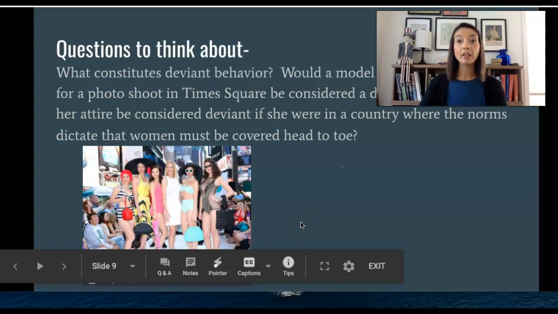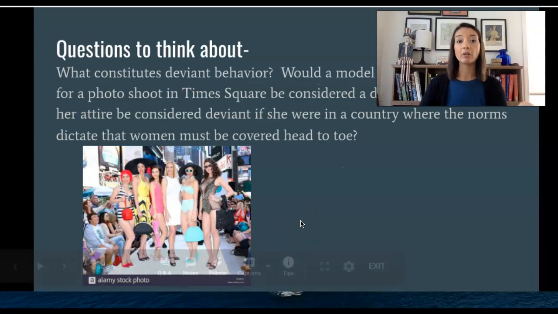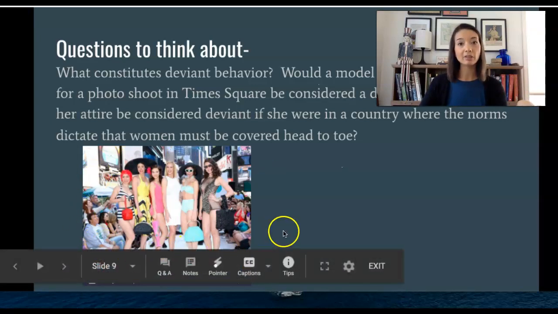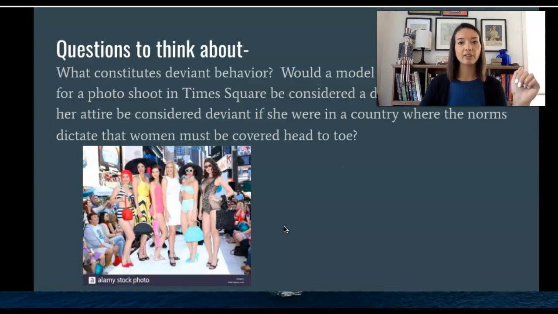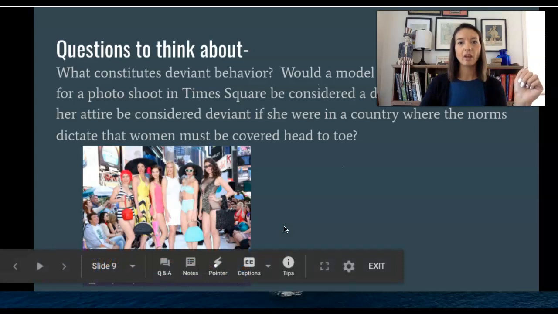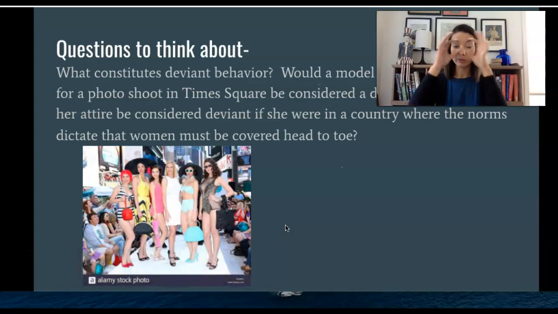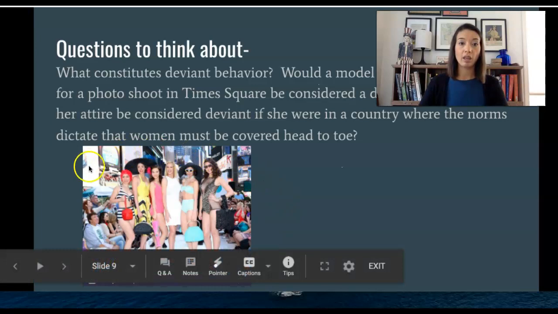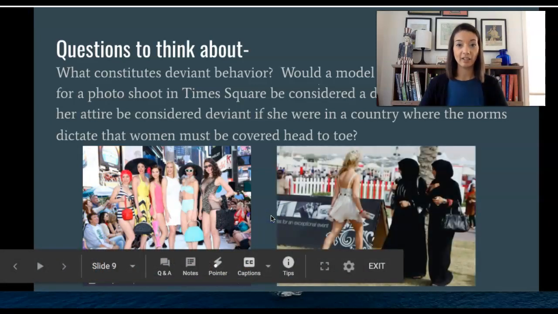In the time period that we live in now, a woman wearing a bathing suit in Times Square for a photo shoot, is that considered deviant? What about in other nations where females really only their eyes can show, hands, their shoes, compared to this being a social norm and it not being considered deviant?